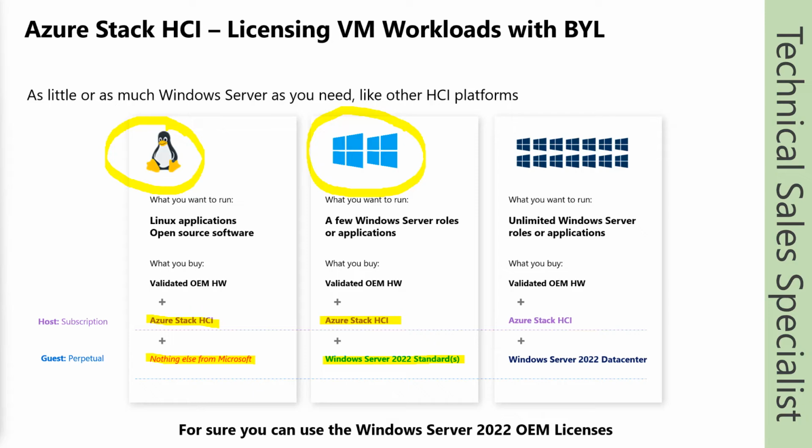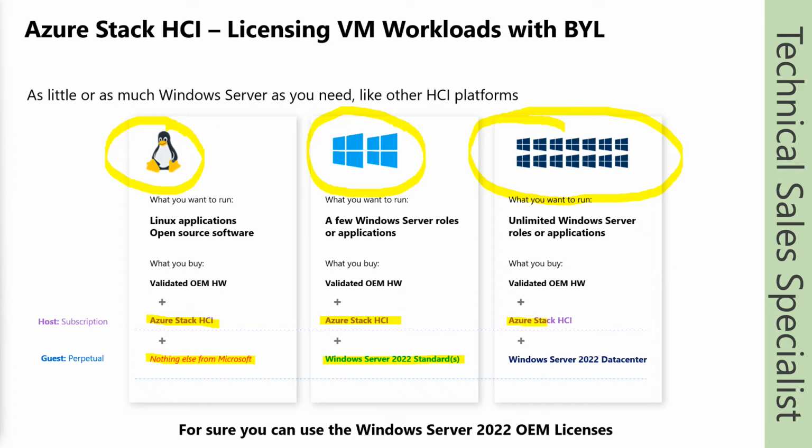But in a smaller scenario, it can be an interesting option to use this stacking of Standard licenses if you are running a huge amount of virtual Windows servers. And this usually means 10 or more virtual Windows servers in an Azure Stack HCI cluster.